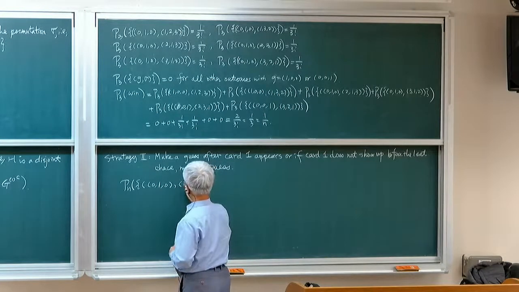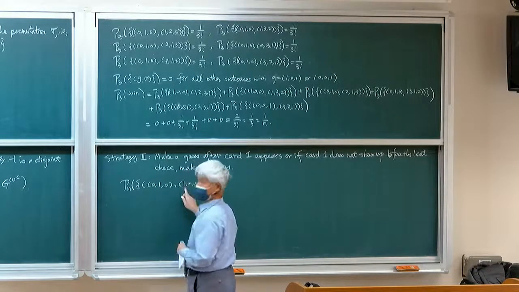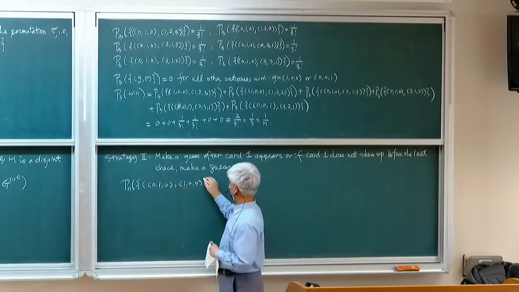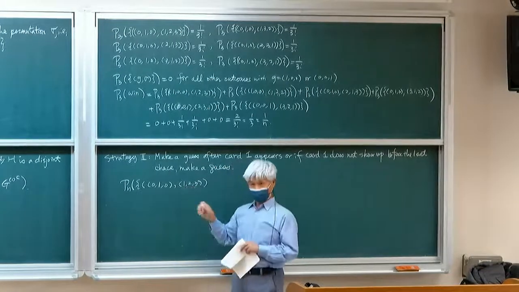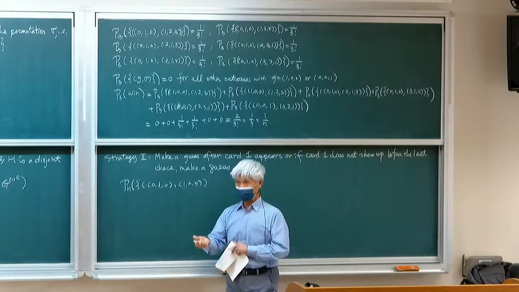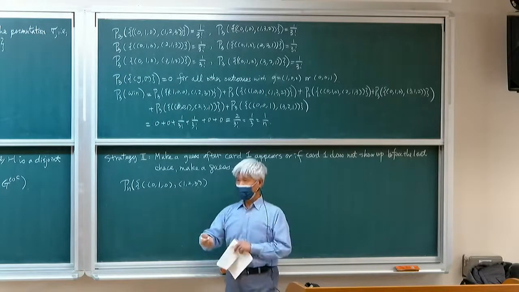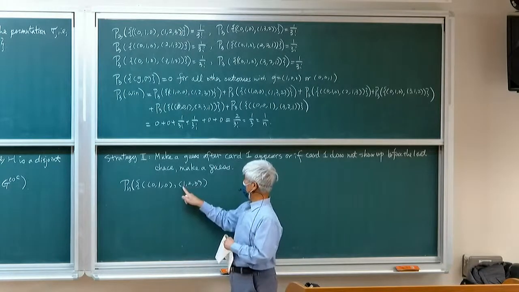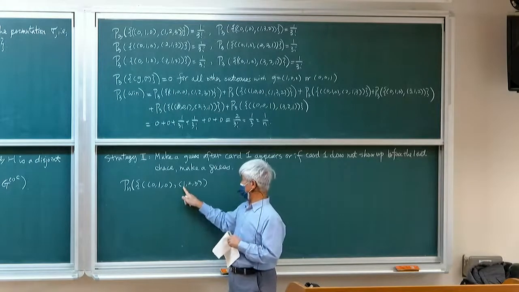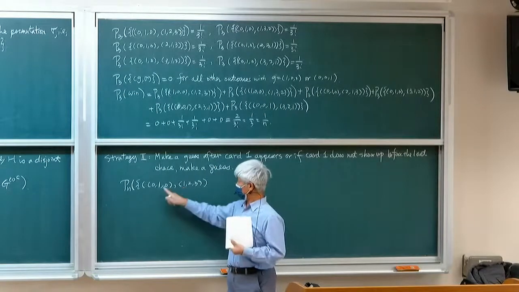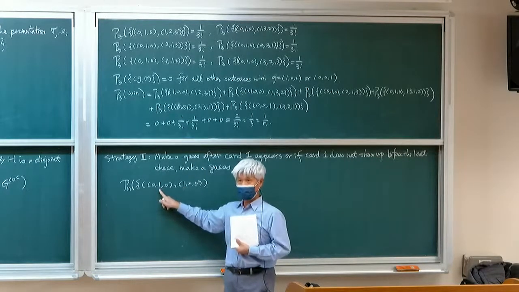Because card number 1 has appeared at the first time already. This is the sequence for the 3 cards that appear. The first time is card number 1. The second time turned over is card number 2. The third time, card number 3 will be turned over. Because the player sees that card number 1 has been turned over at the first time, he makes the guess at the second time immediately. Okay, so that is the story here.